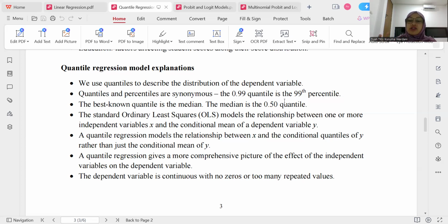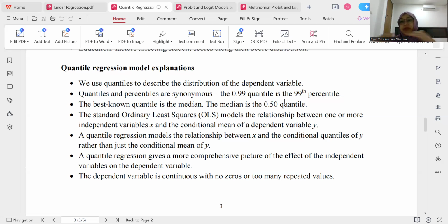The differentiation between quantile regression and linear regression is that quantile regression uses the conditional quantile of y rather than just the conditional mean of y.